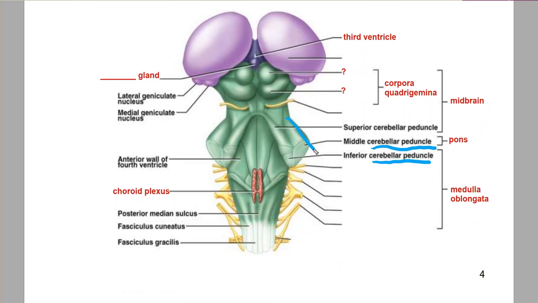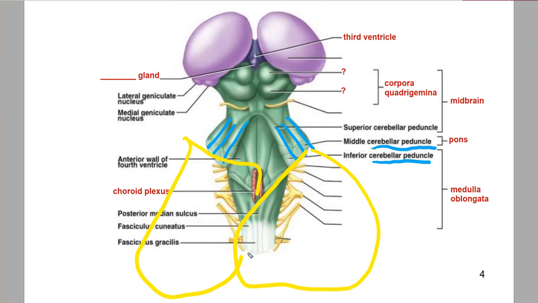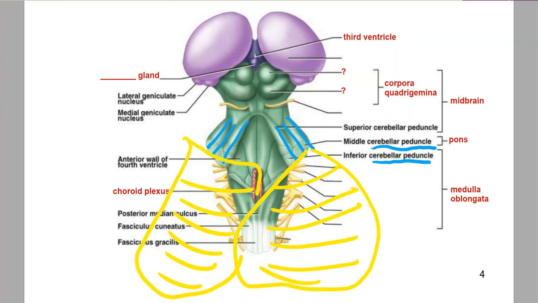This is the tissue that would have gone out to those lobes of the cerebellum that were out here. Remember, the cerebellum had all those little folia, kind of lines on it like that. That's what cerebellar peduncles are, those little ribbons that would connect to the missing lobes that we can't see.